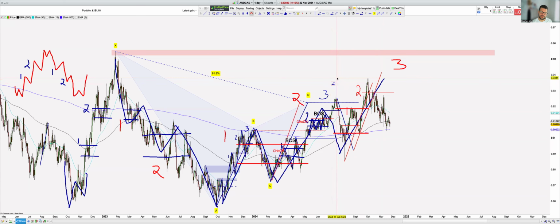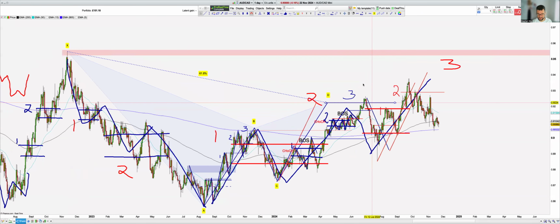So we've already done that, it appears, but the devil's in the detail. Crudely, how many can you count? 1, 2, 3. Okay, great. This hasn't completed, unless that's an A top, which I doubt it is.